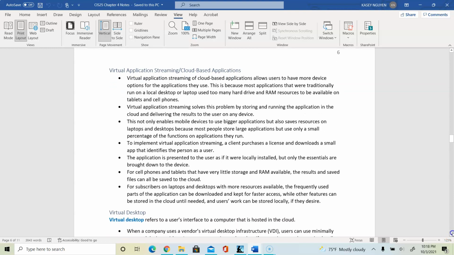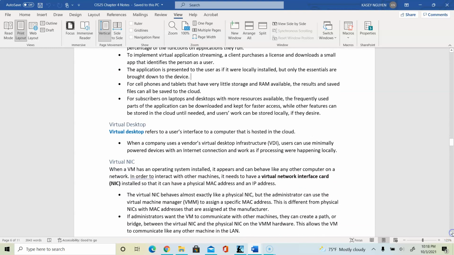Now, virtual desktop refers to a desktop environment that's hosted on a remote server, which is the cloud, and it uses what's called a VDI, which is virtual desktop infrastructure. So when we did the lab with the virtualization with VirtualBox, you do see a VDI file.